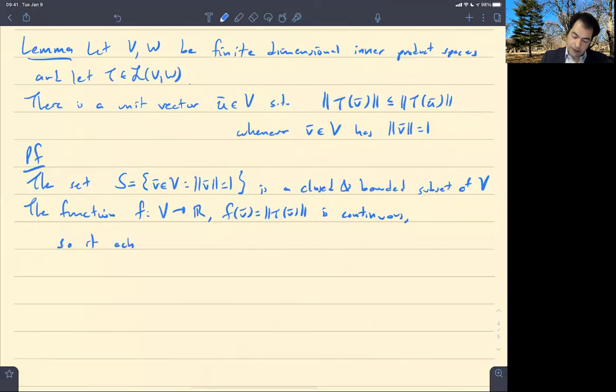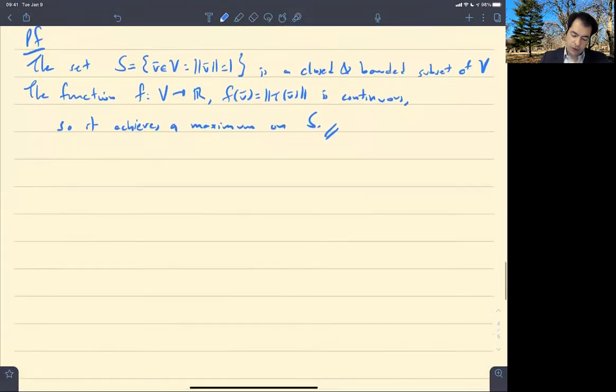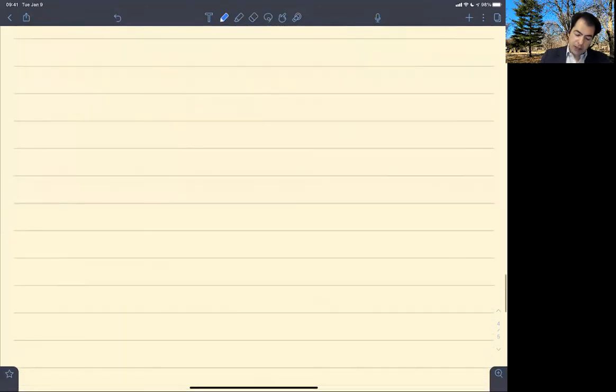So it achieves a maximum on this set, right? And U is just where that maximum is achieved. Okay, so with those preliminary lemmas out of the way, we can now define the size of a linear map.